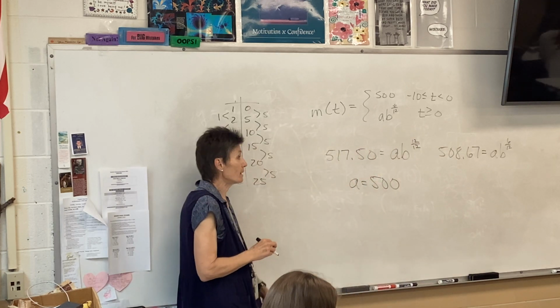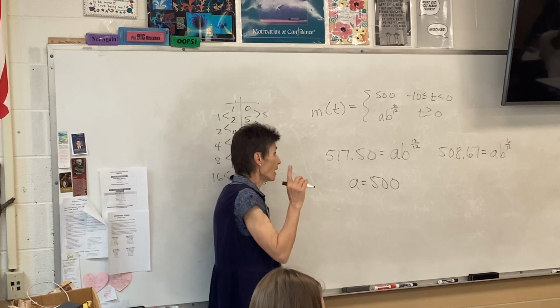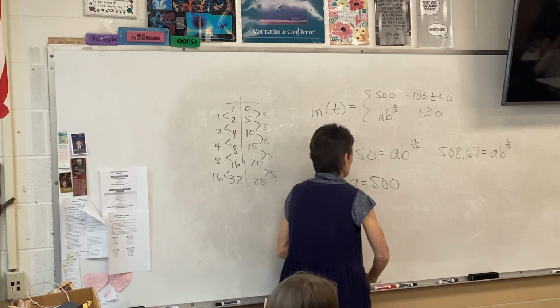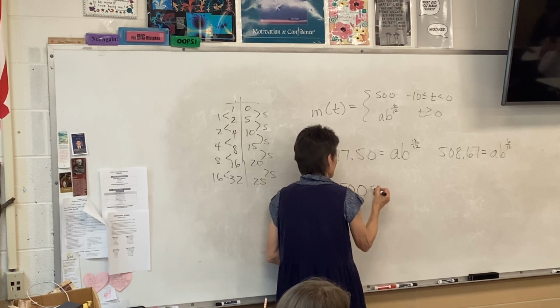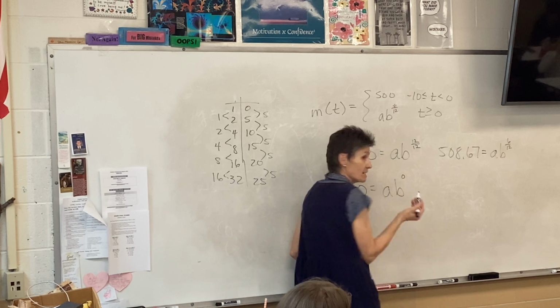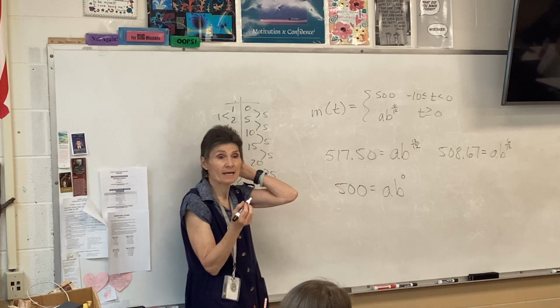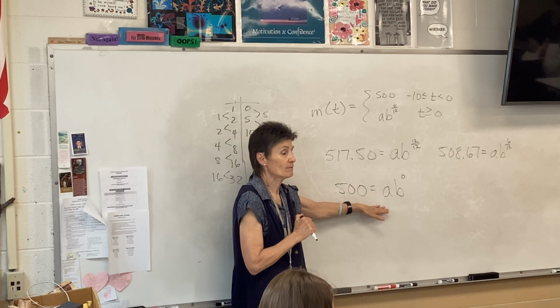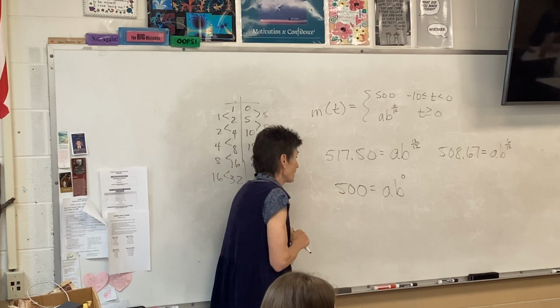But I tell you what, I think you can make a very strong case for this. Greg, I think if I were gonna do this, I would probably say 500 equals AB to the 0. Because then my equation has the A and the B involved. Is that the same thing, kids, as saying A equals 500? Yes. Okay. All right.